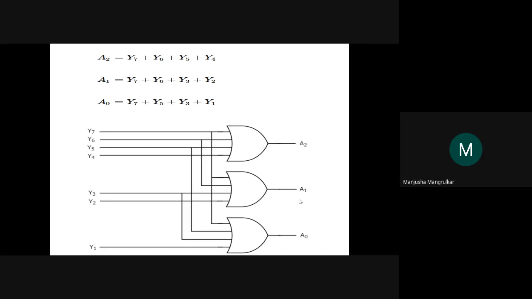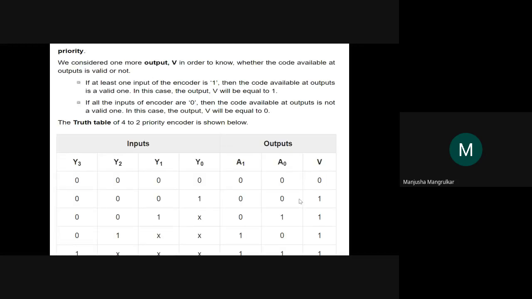Now we'll see the example, what kind of example and where we use this encoder. Now this is the priority. Priority means what? If the digit is there, 11001100. Now in this digit, 11001100, the number of ones, there are 4 ones in this 8 bit.